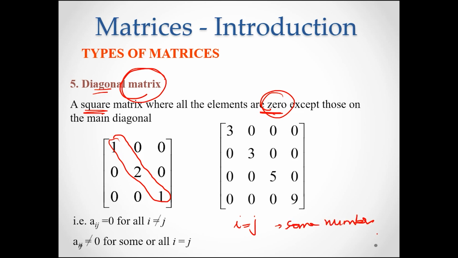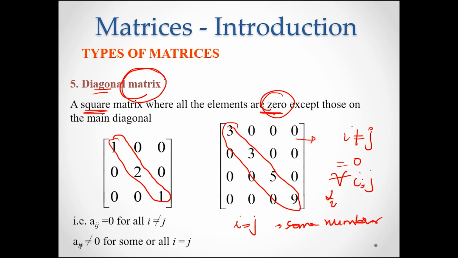Now, this number can be 0, it can be 1, it can be positive, it can be negative, it can be fraction, it can be decimal, anything, but something will be there, right? But the rest of the portion where i is not equal to j, it has to be equal to 0 for all i and j.